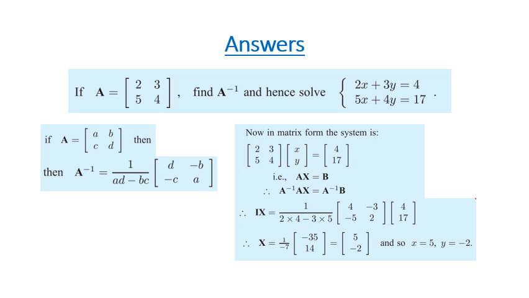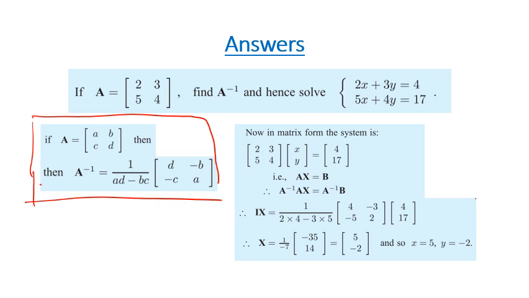Now, we've got the generic formula over here, where if matrix A is a, b, c, d, then the inverse of the matrix is 1 over ad take away bc. We've got our a and our d, which have flipped or switched, and our c and our b have become negative.